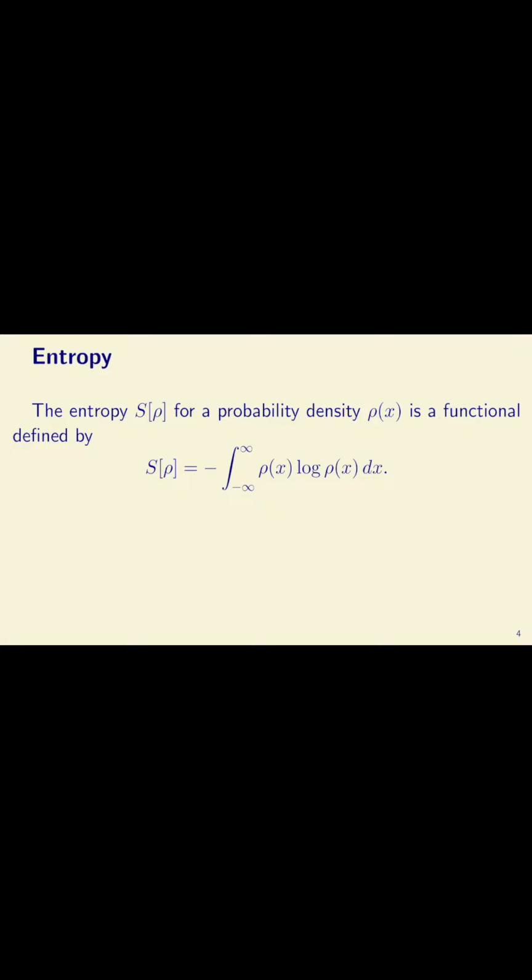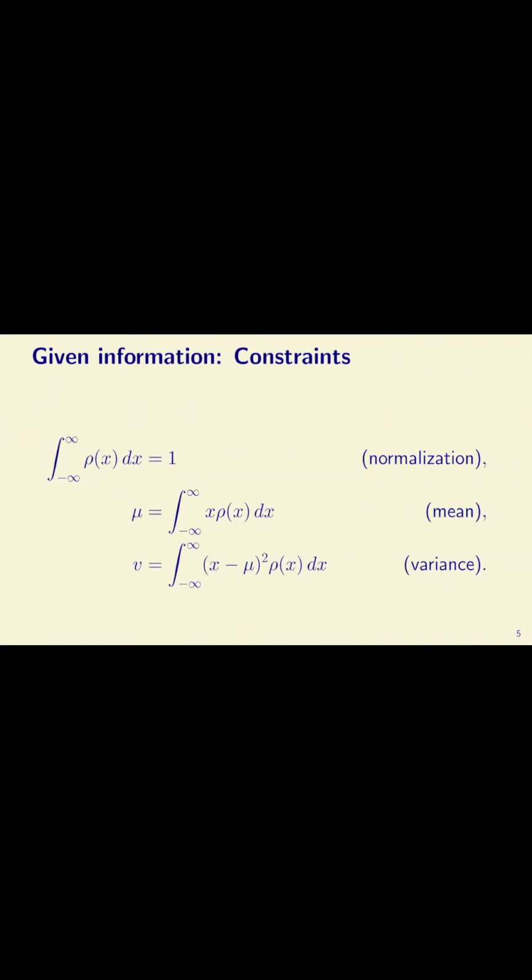Okay, so we want to maximize this S of rho, but we have those two pieces of information you mentioned, the mean and the variance. Are those our constraints? Exactly. We have three constraints actually. First, the probability density must be normalized, meaning the total probability over all possible outcomes must be 1.